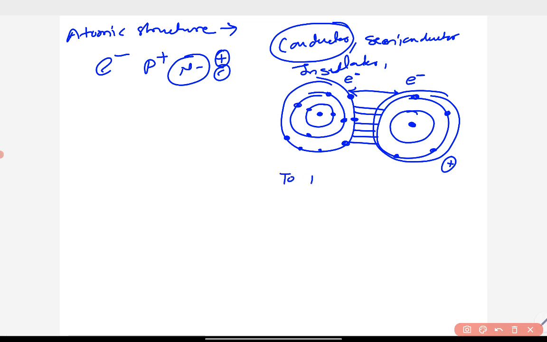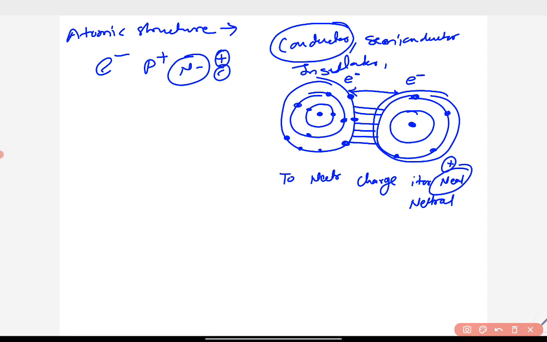For every atom to be neutralized or stable, the charge on this atom should be ideal, or we can say neutral. For this neutralization the electrons and protons must be equal.